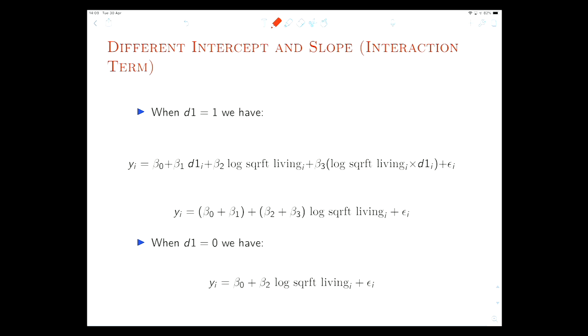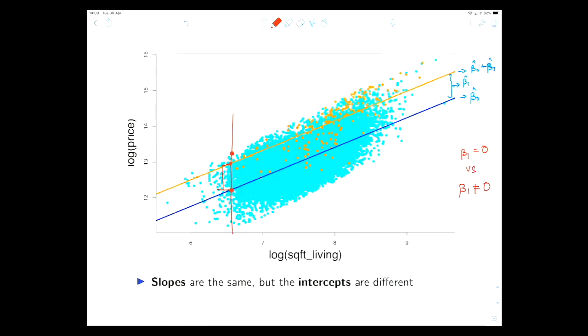Nope? Okay. Now, let's add a little bit more of a complication. In the previous model, we assumed that the effect of square foot living area is identical, irrespective of whether the house has a waterfront or does not have a waterfront.